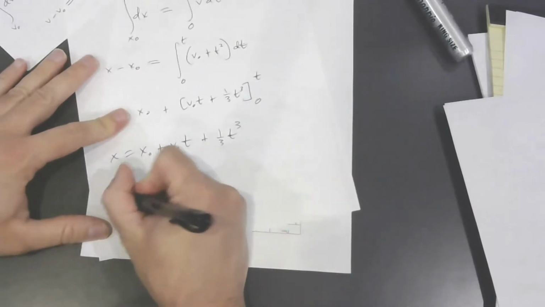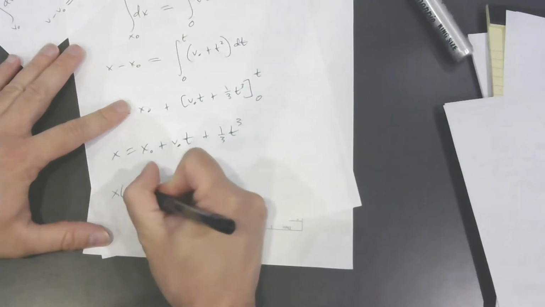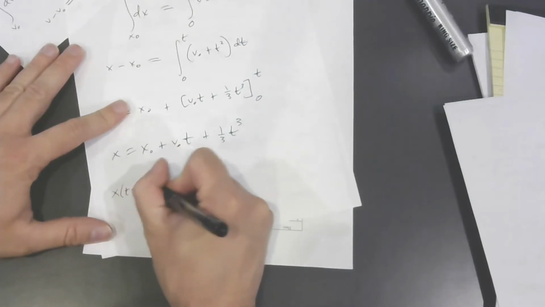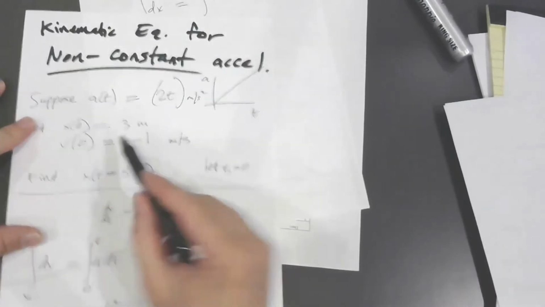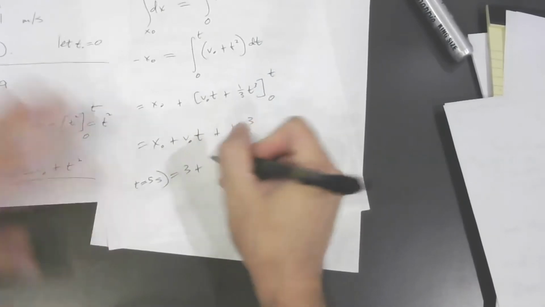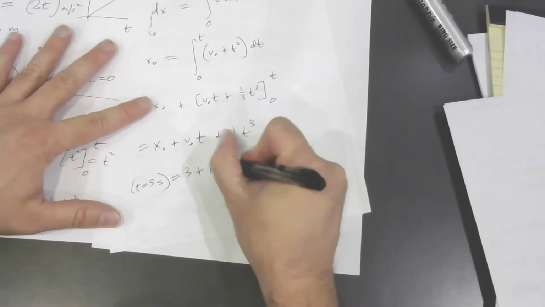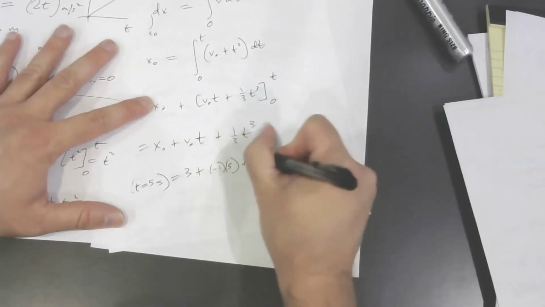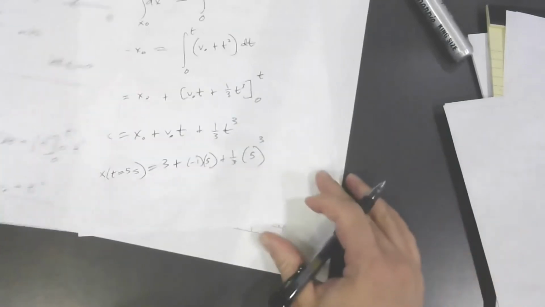All right, so the position at time 5, I could just write x of 5, or I could be really pedantic and say x at t equals 5 seconds would be, what's the initial position? I specified that it was 3, so we plug that in, plus an initial velocity of -1, -1 times 5 seconds plus 1/3 5 cubed.